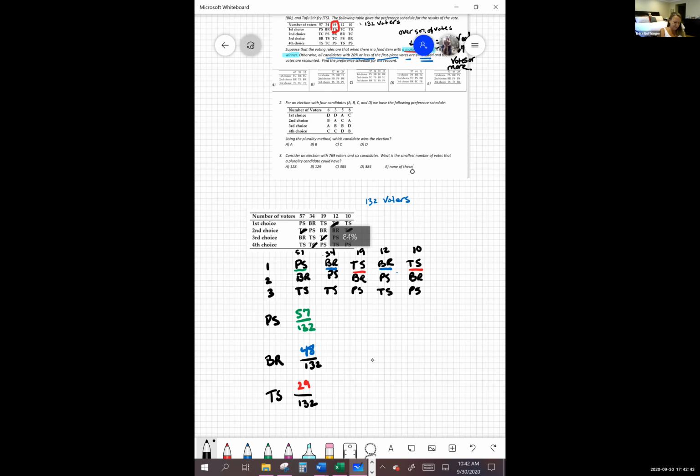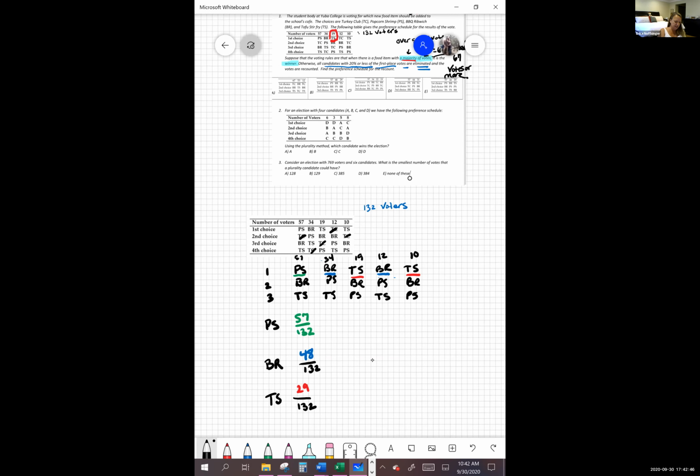Did I do this wrong? 57 plus 48 plus 29. That should add up to, something's wrong. I didn't add right. So what did I not add right? The BR. The BR, that's 34 plus 12 is 46. But something's still off.